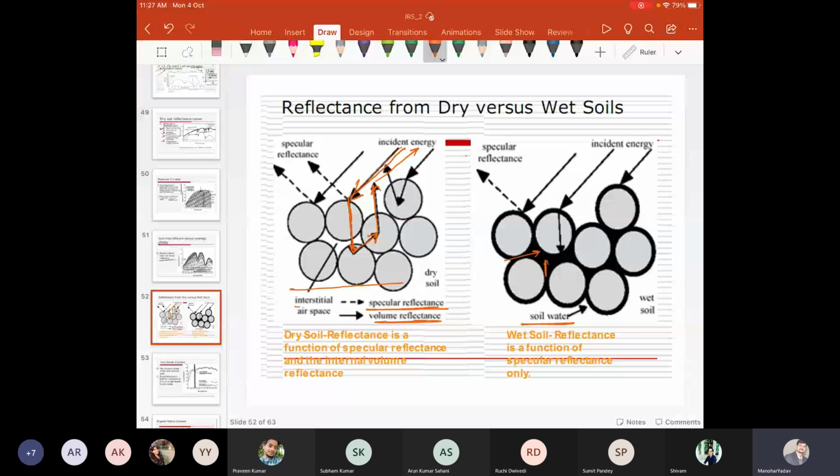When the sensor senses the upcoming energy, there is a component from the specular, that is from the surface, as well as components from inside of the soil. But in case of wet soil, the reflectance is only a function of specular reflectance, and that is from the surface. All the transmitted component will be trapped. So obviously, in case of dry soil, the reflectance will be more compared to the wet soil.